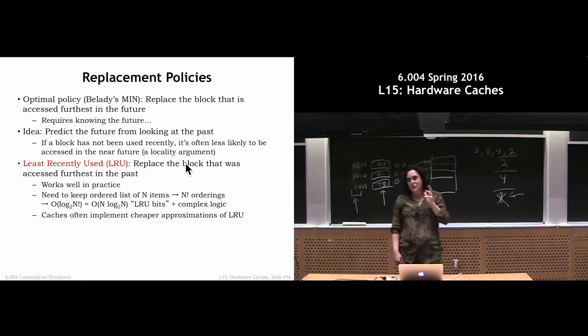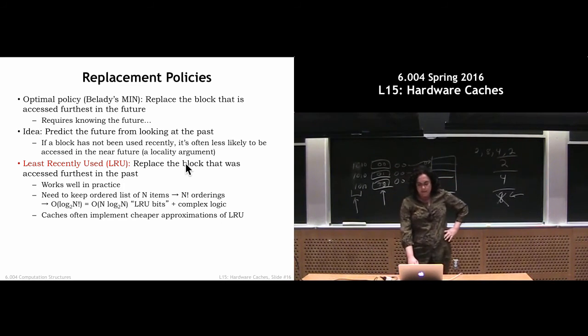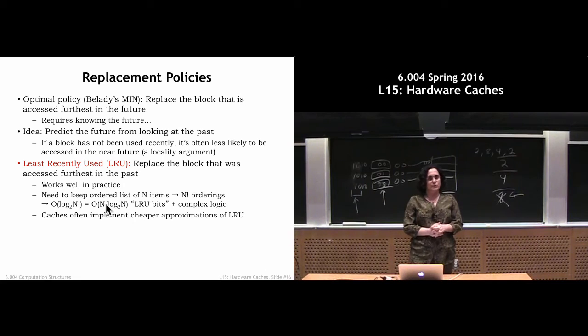Now, it turns out that actually implementing least recently used in hardware is expensive, because you have n factorial possible orderings. We had to remember exactly the order in which the addresses came in and when we accessed them. And so n factorial orderings leads you to log of n factorial in terms of the number of bits that you need, which corresponds to n log n total bits to represent the number of states in order to actually keep that least recently used algorithm.